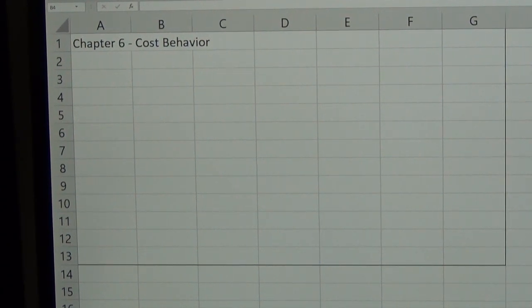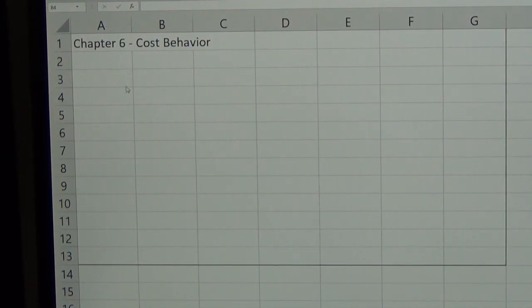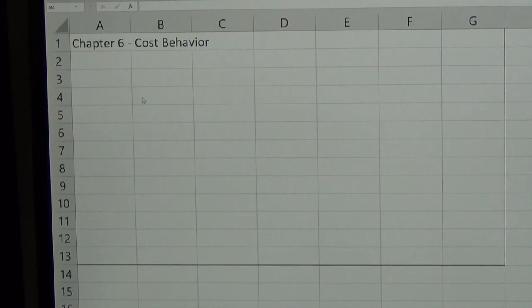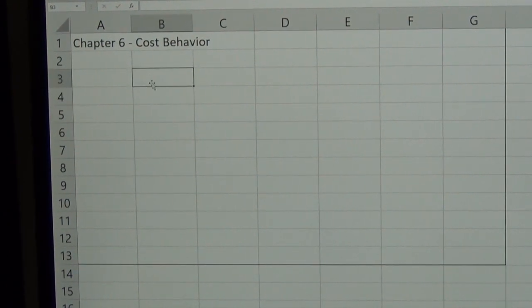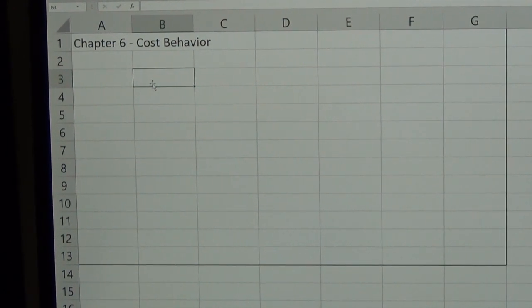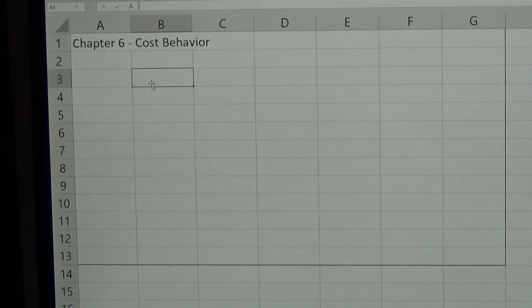So first thing we're going to move to is slide number 4, cost behavior. In essence, what we're talking about with cost behavior is that, depending on certain circumstances, costs will move in certain ways, and that's what helps us to predict things.